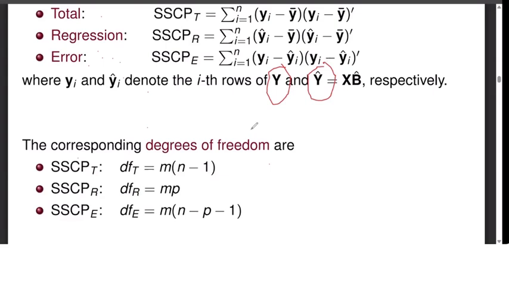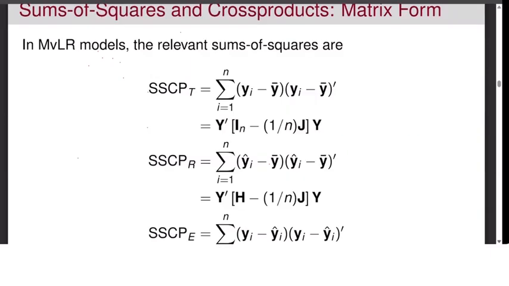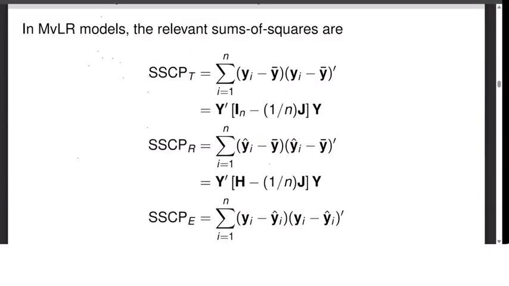And of course, these are the corresponding degrees of freedom for each variation component. Now, this is in the multivariate form. Take a look at that.